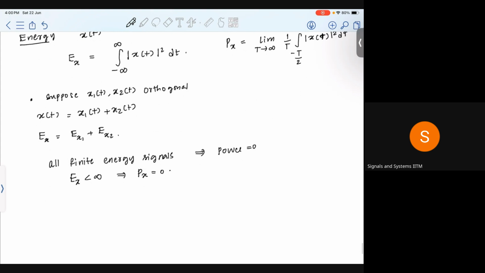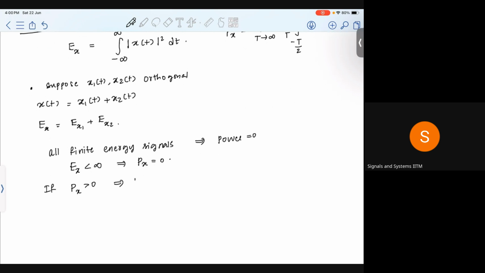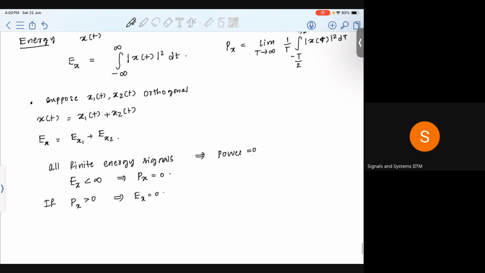And likewise, if Px is greater than 0, if there is some power in the signal, then Ex is infinity. So if you evaluate the energy and it is less than infinity, then you don't even need to evaluate the power, it is 0.